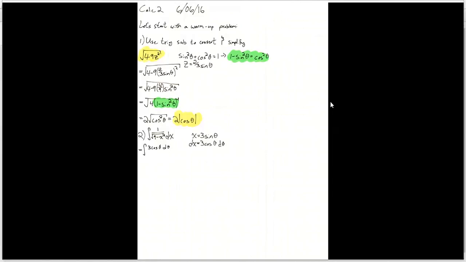But now we're going to also substitute in this x with our 3 sine theta. So on the bottom, we'll have the square root of 9 minus 9 sine squared theta.